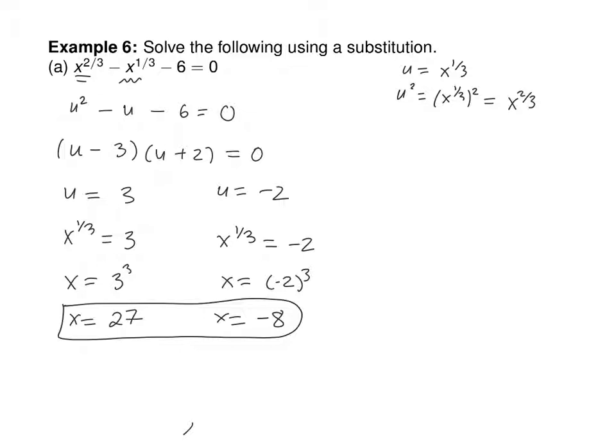So if you had skipped the substitution and gone straight to the factoring step, you would have factored into x to the 1/3 minus 3, x to the 1/3 plus 2. Does that make sense? Okay, so if you think you like that, you can also do it that way.